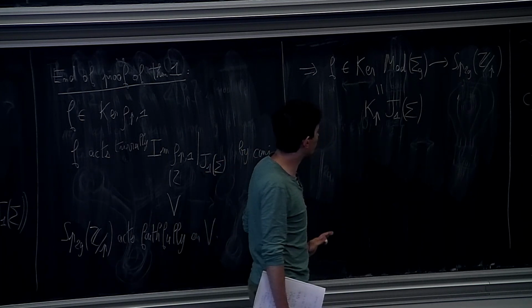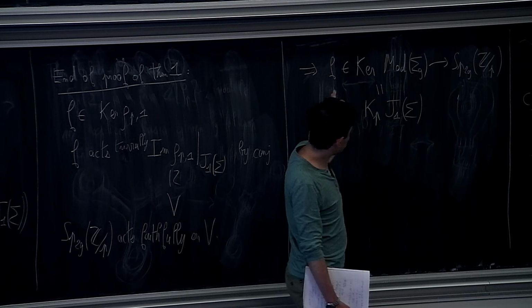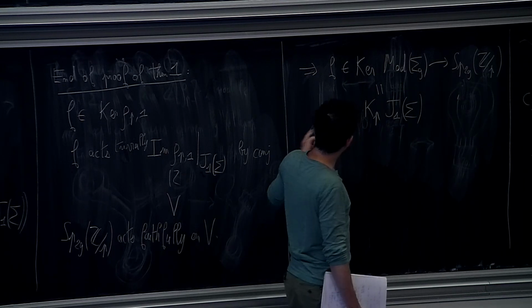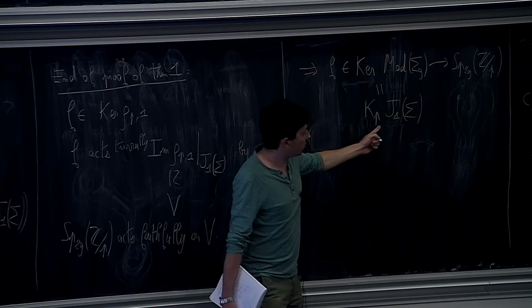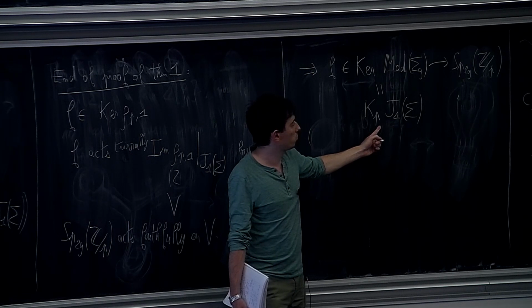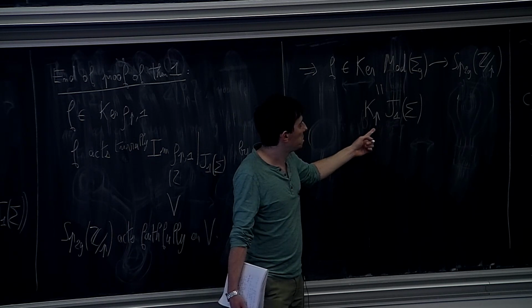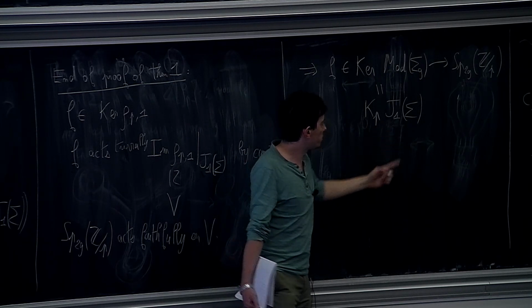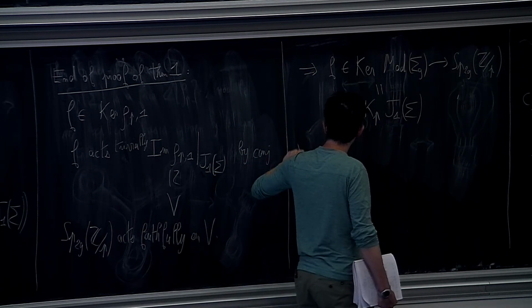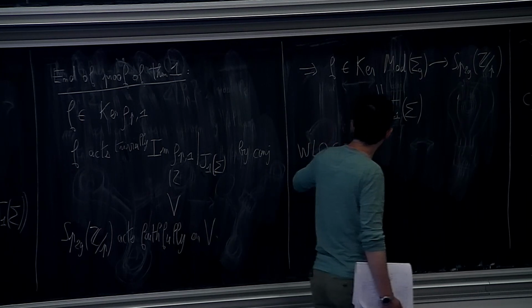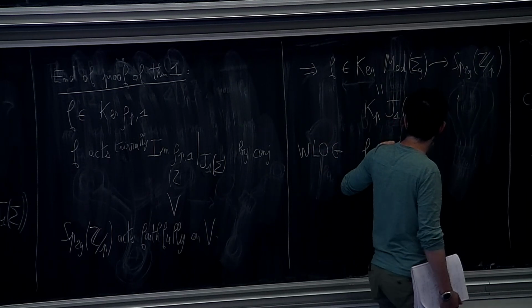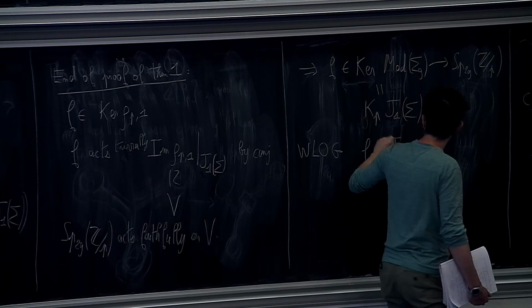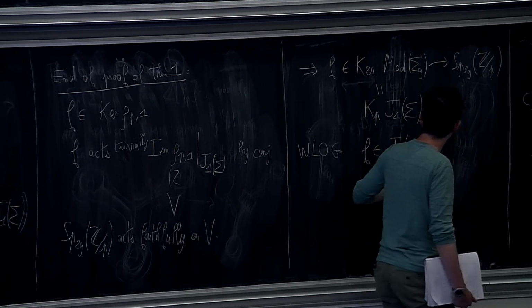So it's not a completely obvious fact, but it's well known. And because you have this and you know that K_p is in the kernel of rho p, so also in the kernel of rho p1, it suffices to consider the situation where f is in J1. So without loss of generality, we can just show the proposition for f in J1.